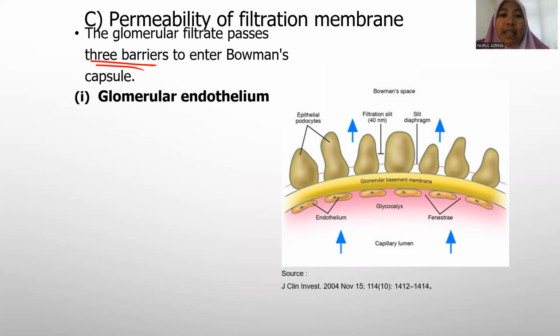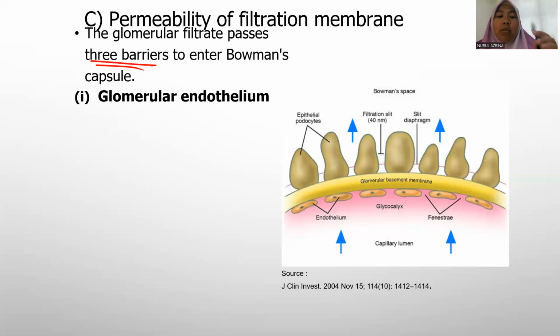In the animation just now, it seemed as if the process was very simple. The small molecules just pass through the glomerular capillary into the Bowman's capsule. But actually, if you zoom in on the structure of the glomerulus, there are 3 barriers before the components of blood can be known as filtrate.